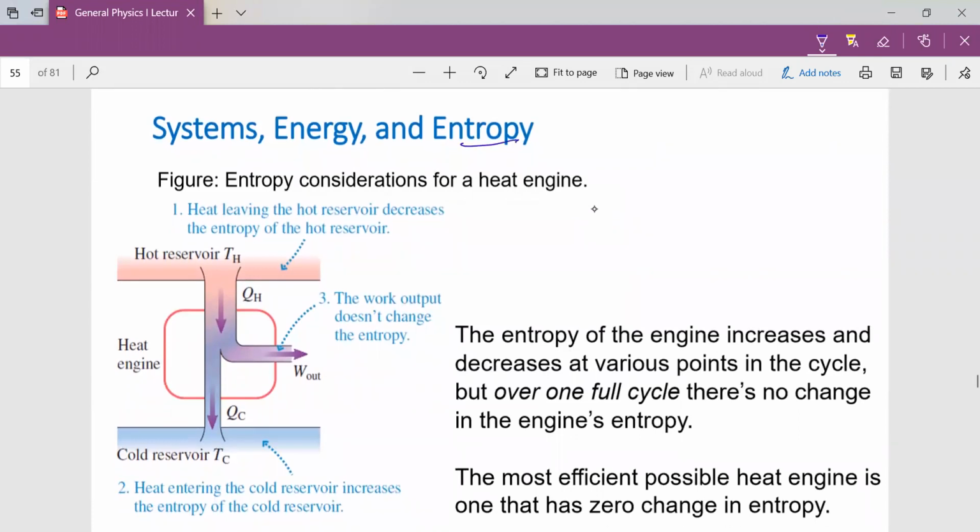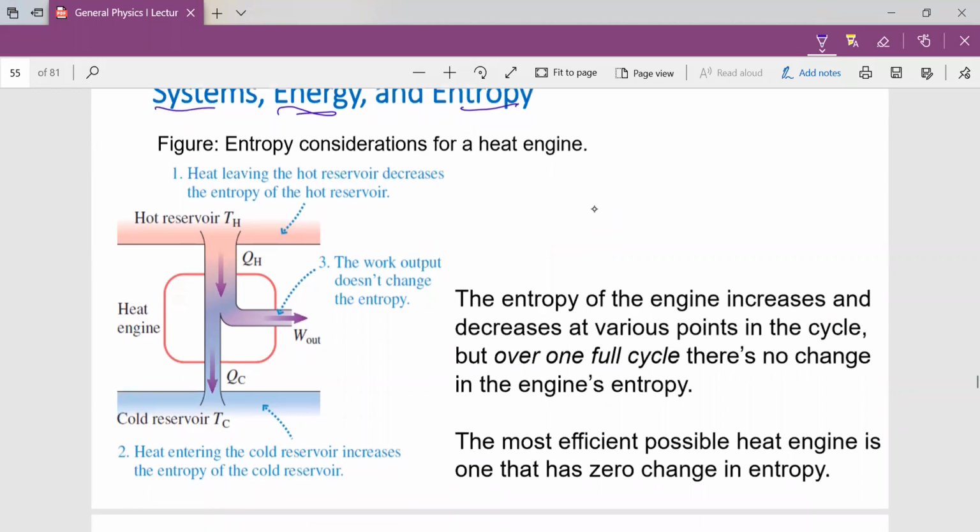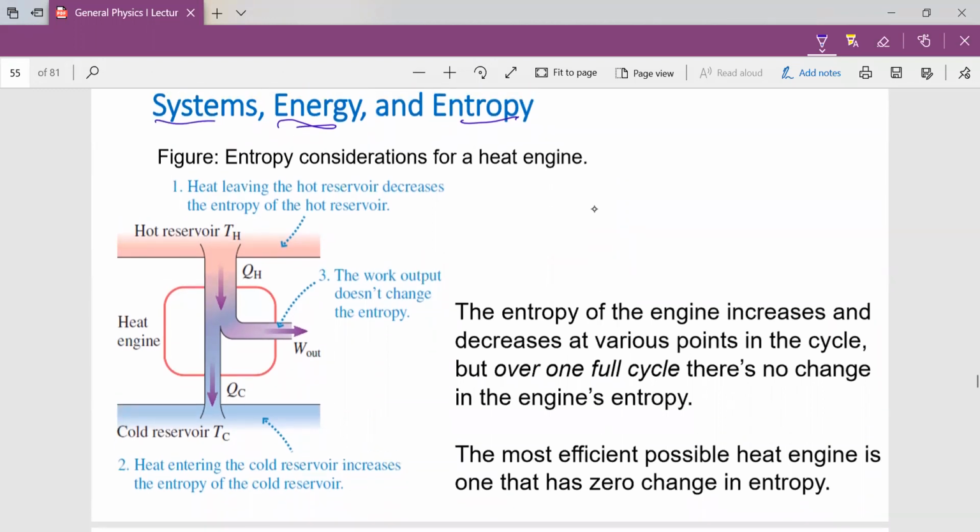We have seen entropy, which is not going to change, that's why our focus is just going to be on the energy. We have seen system as well, and we have seen energy. How do these three play out in the full process? So we want to consider again the heat engine.